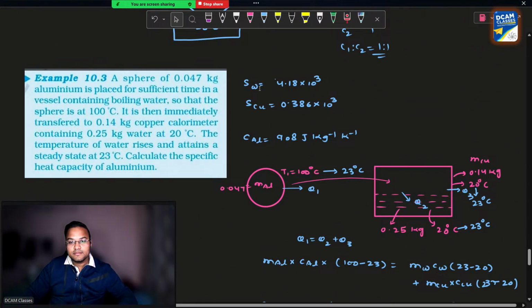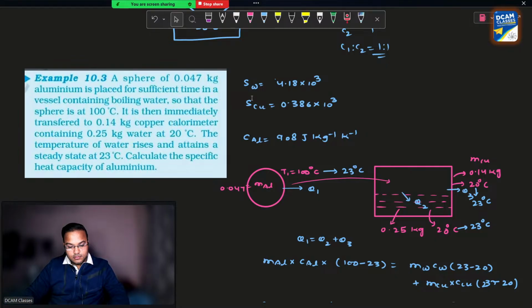I forgot. 4.18 into 10 to the power 3. Sir, could you show the option?